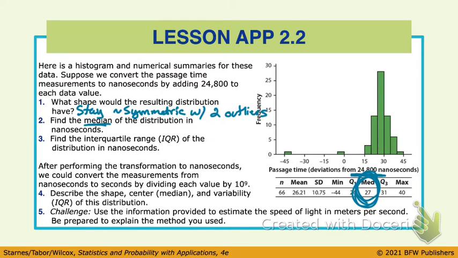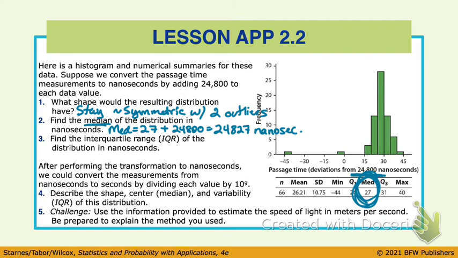And so our new median would be 27 plus 24,800, and that would be 24,827 nanoseconds. That's how many nanoseconds that median of 27 deviations was.